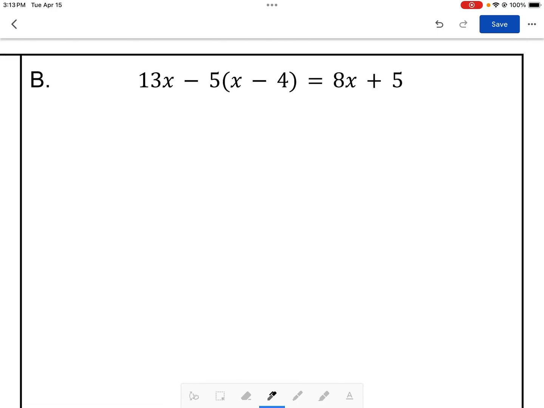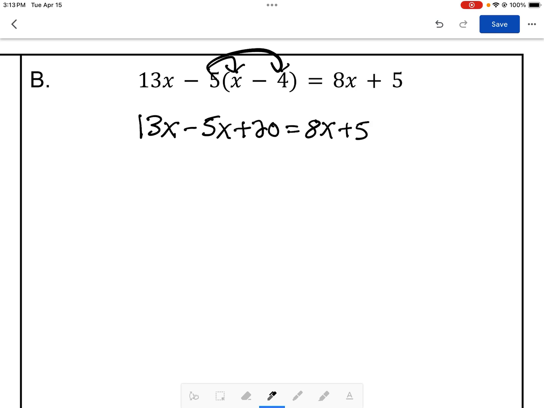Letter B, I'm going to distribute the 5 to the x and the 5 to the negative 4, bring down my 13x minus 5x plus 20 is equal to 8x plus 5. I can combine like terms here. 13 minus 5 is 8, so I have 8x plus 20 is equal to 8x plus 5.